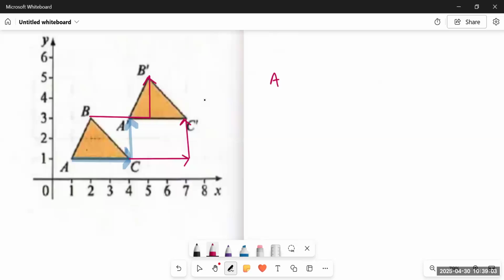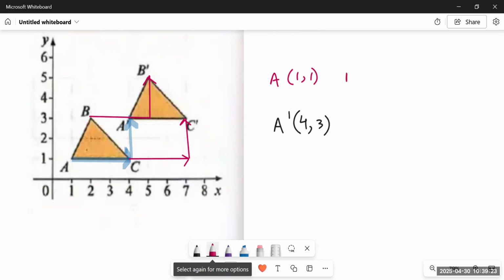For A, the coordinates were 1, 1, and the coordinates of A dash are 4, 3. Similarly, if we talk about the vertices of B, they are 2, 3, and for C, it's 4, 1.